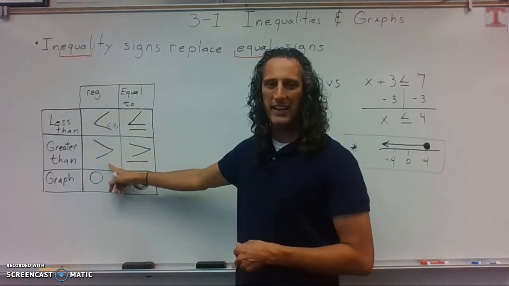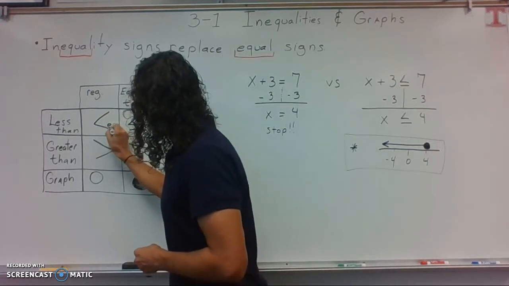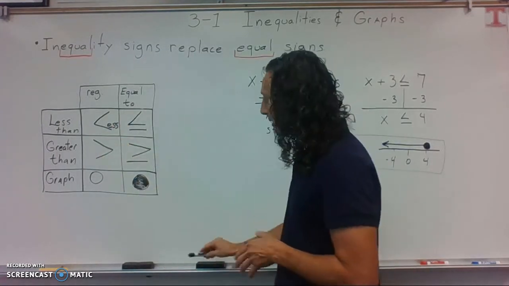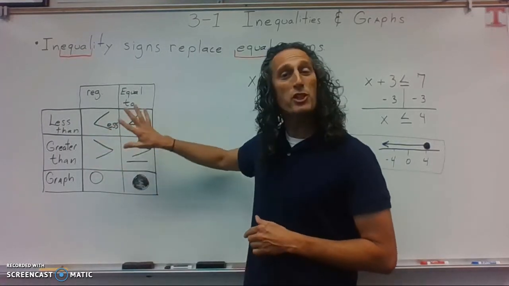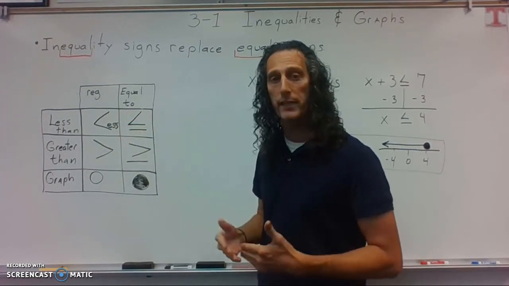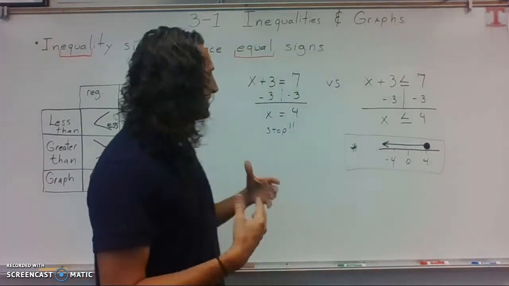If I try that trick on the greater than, it looks really weird. So again, try to write down the word less to help you out. Okay, so there's our inequality signs. Make sure that you have this in your notes and that you consistently go back and review it until you have it memorized.